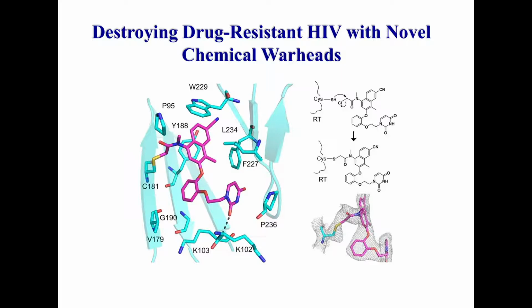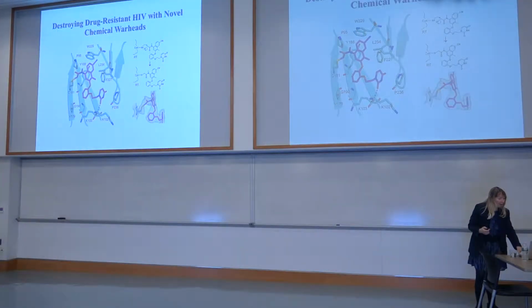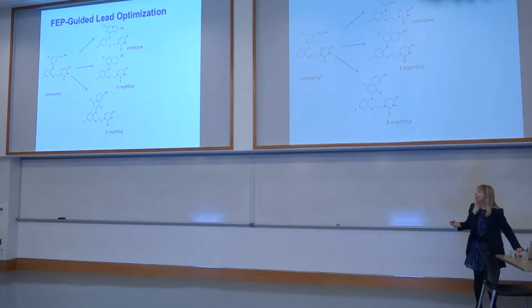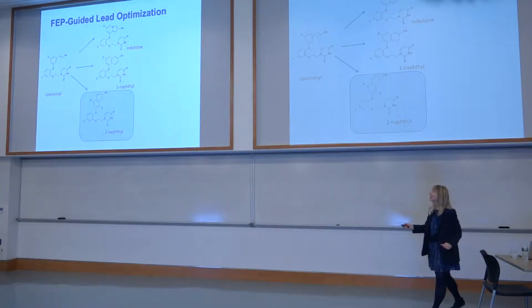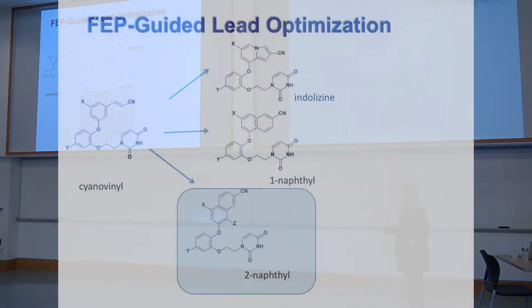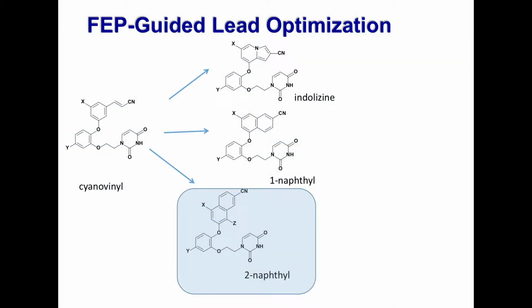So we got some clues from our functionality for exactly how we wanted to design this compound from some of our compounds that we made in the 2-naphthyl series, as I've illustrated here.